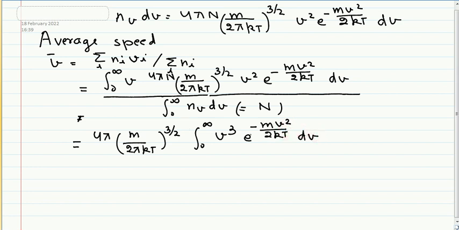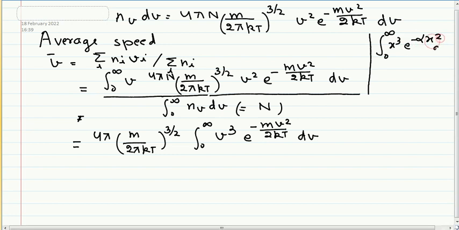So now here again we will use a standard integration, and that standard integration is 0 to infinity x cube e to the power minus alpha x square dx is equal to half into 1 upon alpha square. So let us substitute this value.